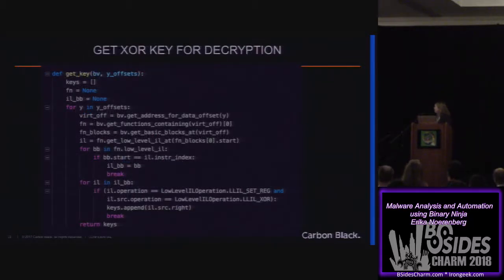So we want to get the key. This is one of the things I wanted to go through, because this was something that I really struggled with, and one of the things that Josh really helped me through. Working with IDA, if you've done something like this in IDA, you get your offset and then you're traversing back or forward and looking at the operands and so on.